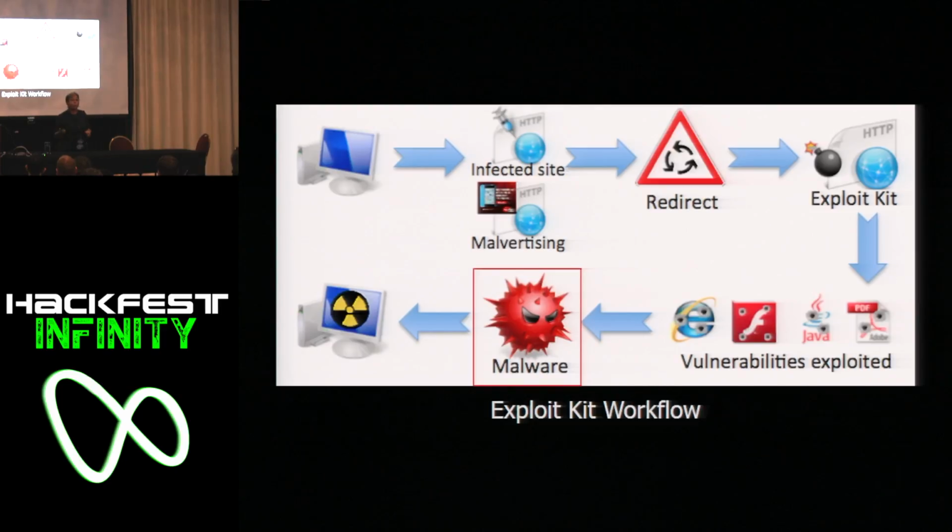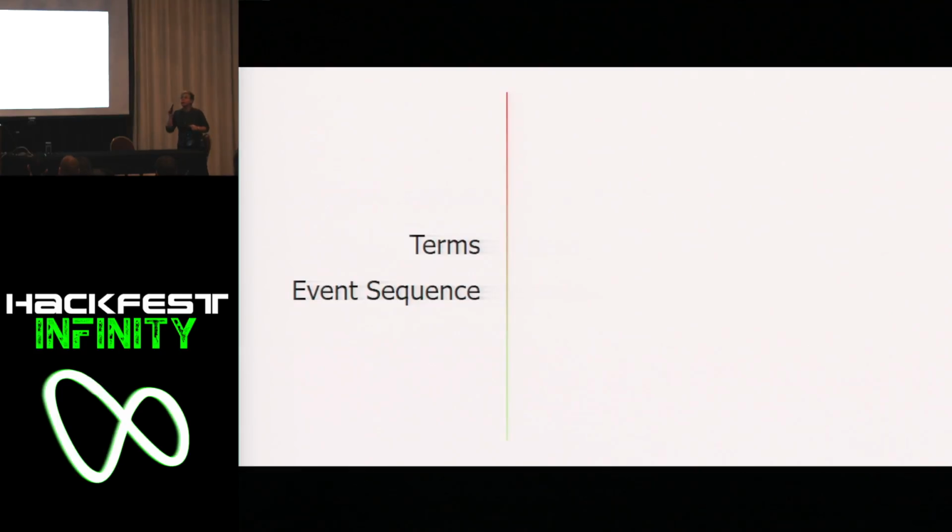You'll have a dropper, which is sort of your staging, the staging malware that is needed in order then to deliver the payload. So in order to understand exploit kits properly, we really need to go through a series of terms: gate, landing page, exploit page, and the payloads.